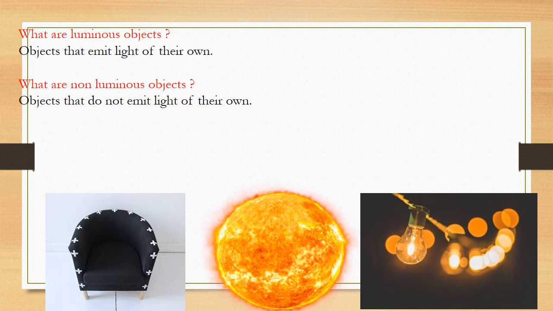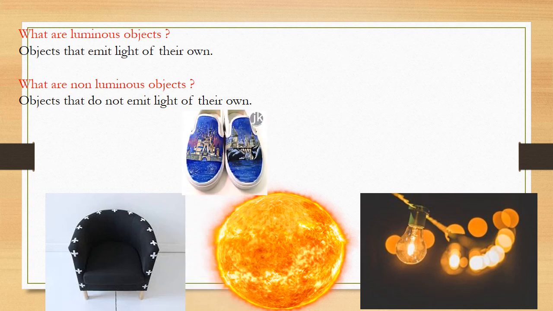Whereas now in the picture, you can see shoes, right? A pair of shoes. Does it emit its own light? No, it is not possible. But how can we see the shoes? We can see the shoes with the help of light. When we put the light, we can see the pair of these shoes, right?